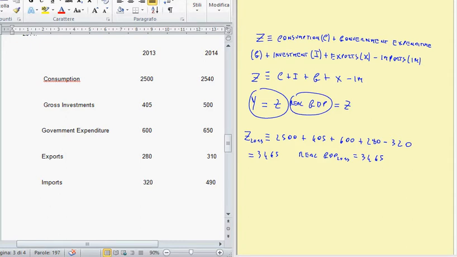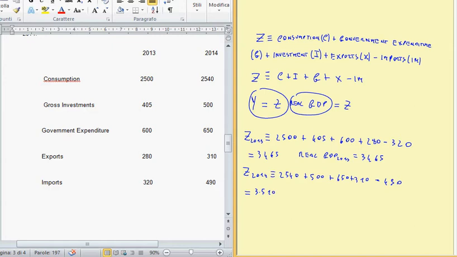Okay, so in this case, the aggregate demand in 2014 will be equal to the level of consumption, which is 2540, plus investment, which is 500, government expenditure, which is 650, and exports equal to 310 minus imports, which are equal to 490, and you get an aggregate demand in 2014 equal to 3510.